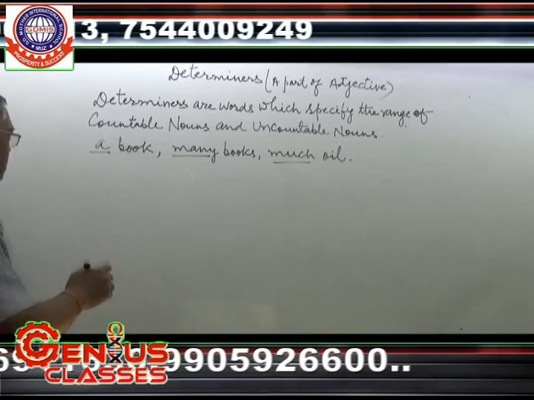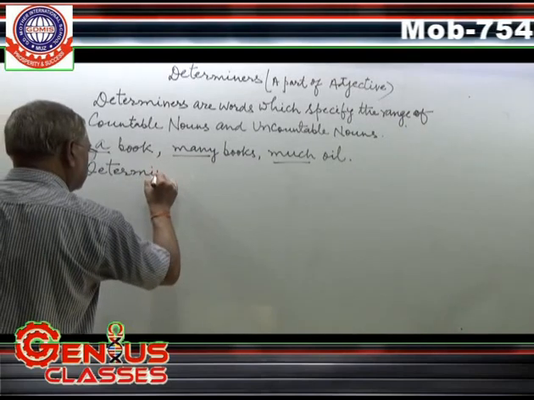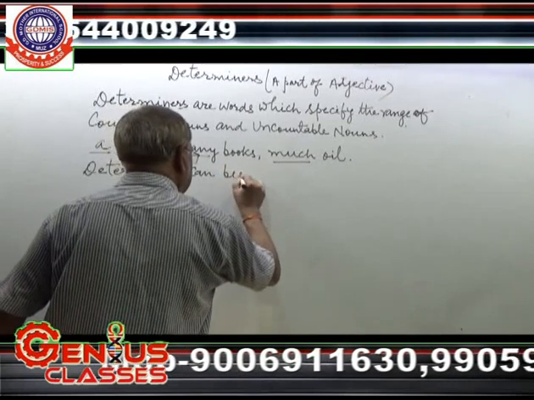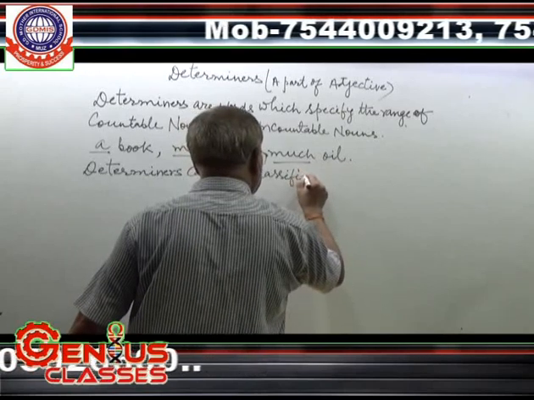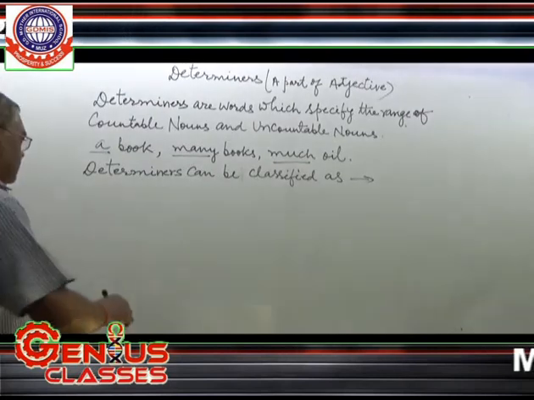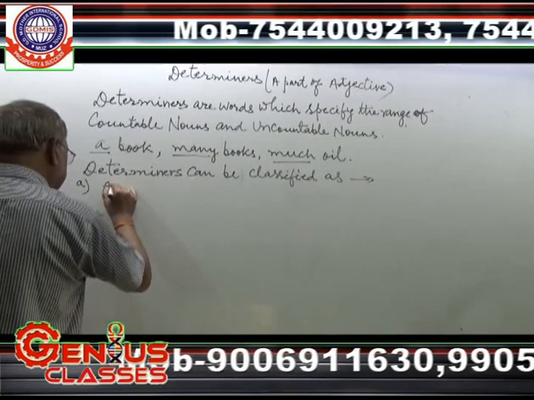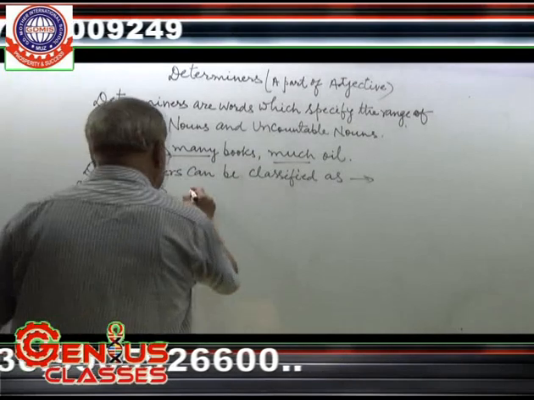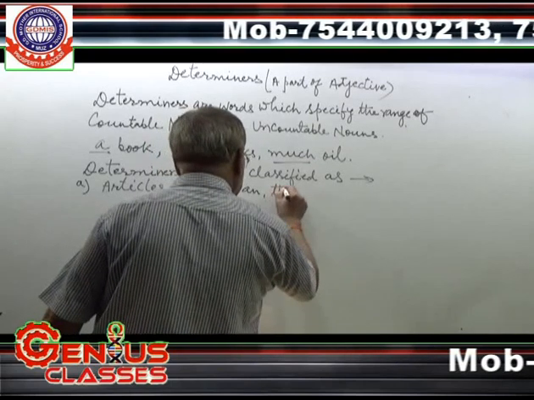Now, determiners can be classified as number one, articles. Articles means a and the.